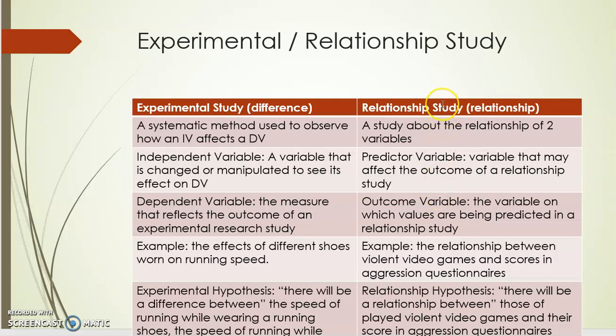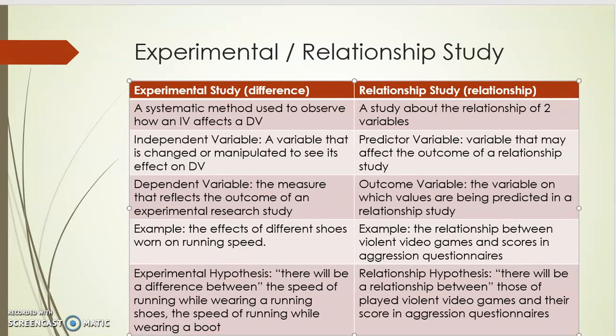Okay, let's look at an example. Here's an example of a research for a relationship study. The research is on the relationship between violent video games and scores in an aggression questionnaire. So, how is this research conducted?